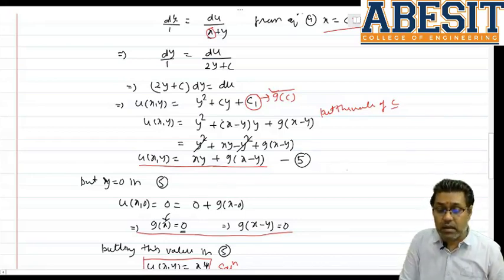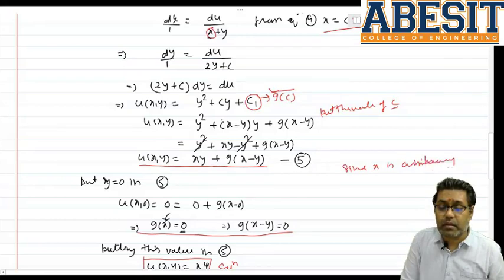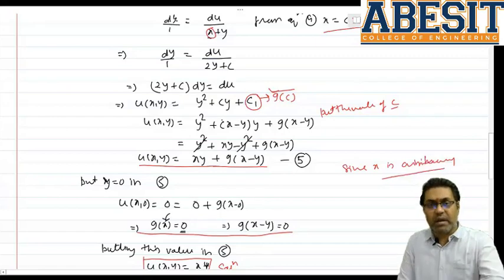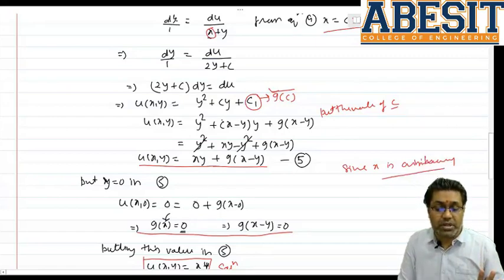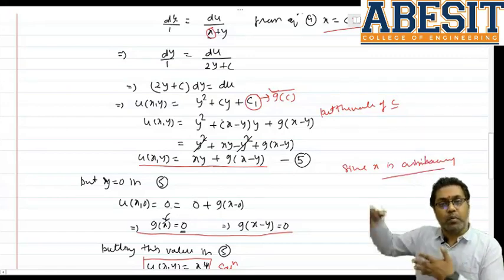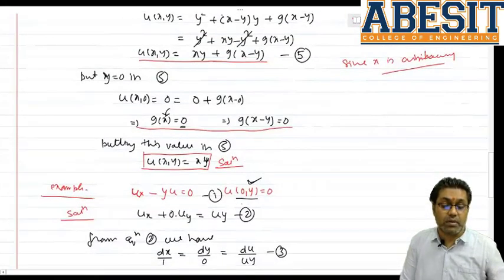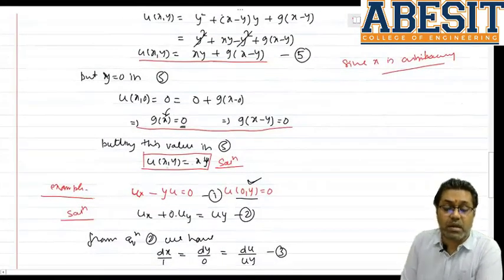Since x is arbitrary, g(x) equal to 0 implies that whatever value this function has as an argument, the output will be 0. So g(x minus y) is equal to 0. We put g(x minus y) equal to 0 in equation number 5 and get the solution u(x, y) is equal to xy.